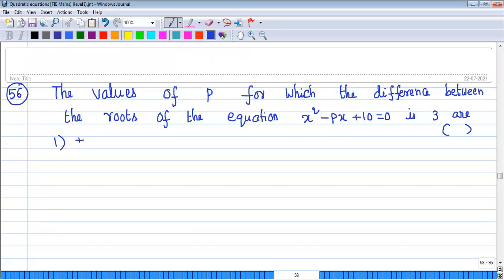First option plus or minus 3. Second option plus or minus 5. Third option plus or minus 6. Fourth option plus or minus 7.